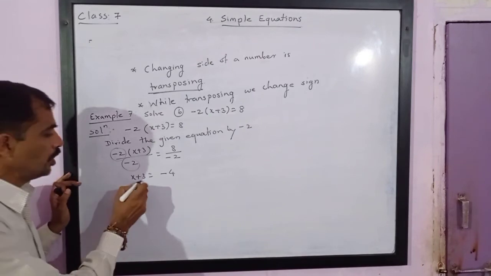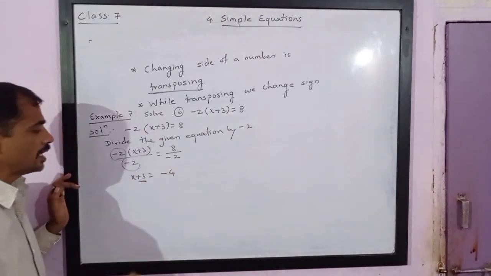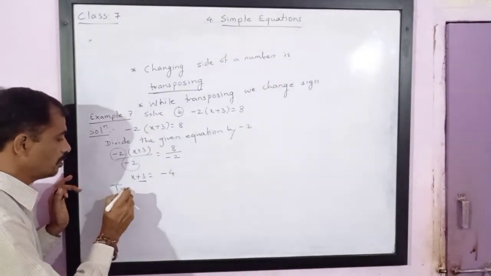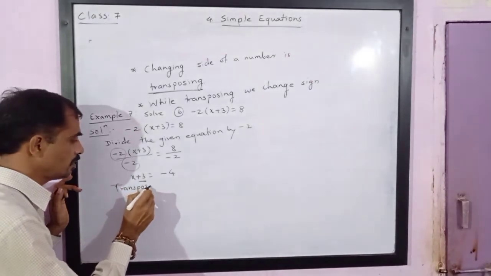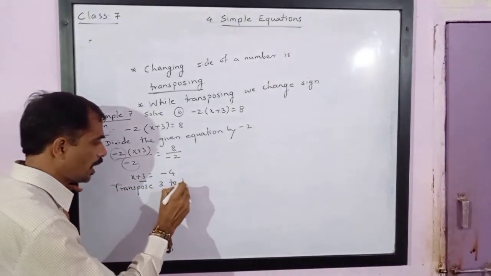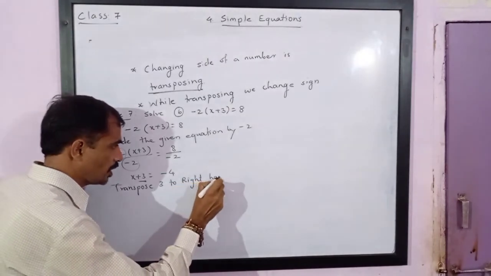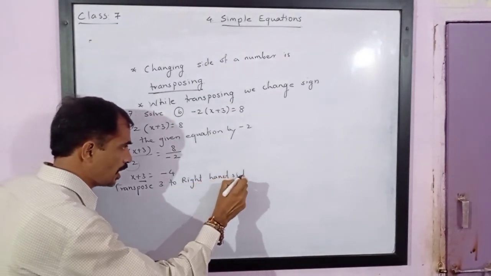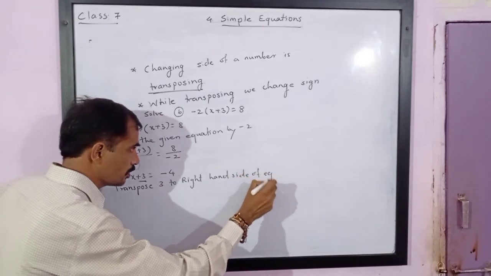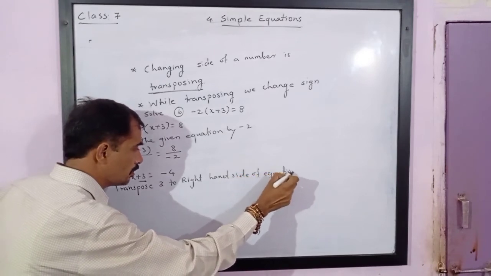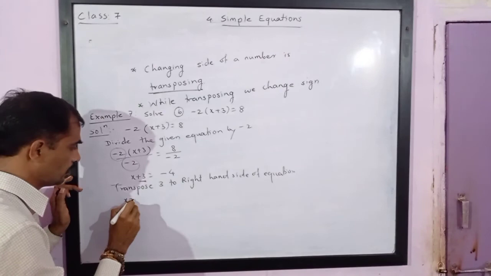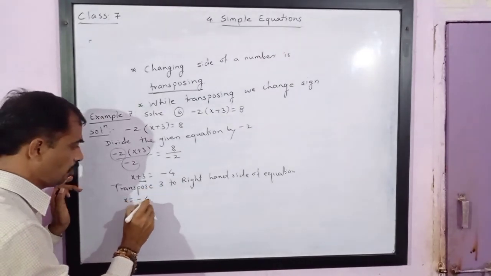Now we need to transpose 3 to the right hand side of the equation. So we will get x is equal to negative 4, minus 3.